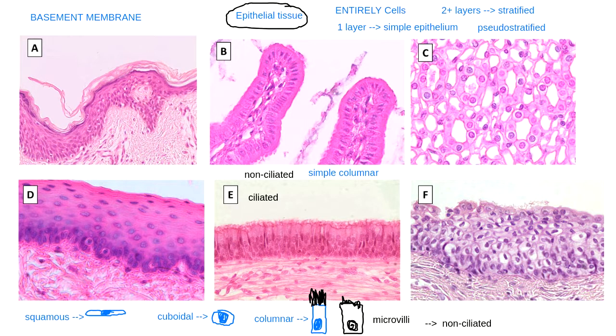The second thing is that it is a columnar epithelium because my cells are tall and skinny cells. We need to figure out, though, my middle word here, my word for the number of layers. Can we take a guess in the chat? What do we think we might see going on with this tissue here?